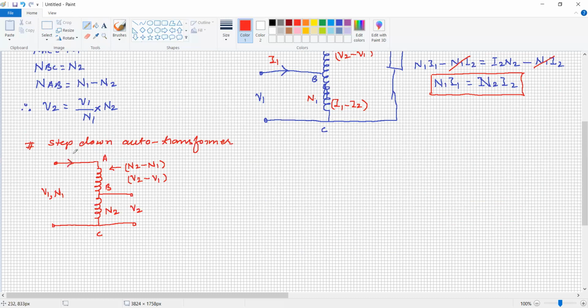The current is I1, the current is I2, and here the current is I2 minus I1. This is the step down auto transformer, or single winding transformer. We can represent these two windings in such a way that this is the one winding.